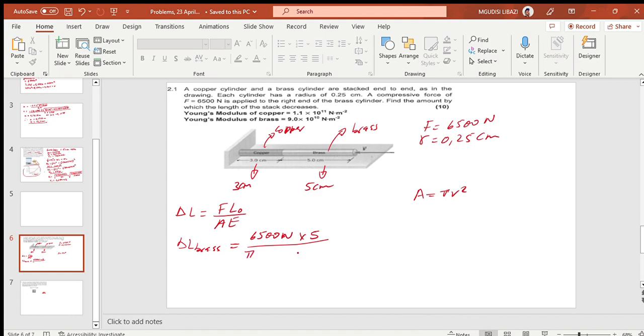That means we're going to have pi times our radius, 0.25, squared, multiplied by Young's modulus.